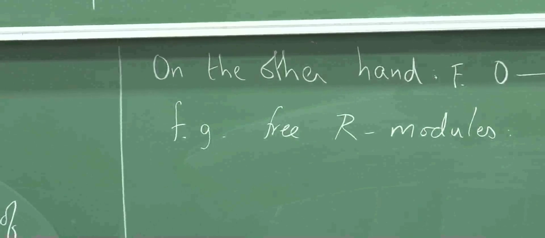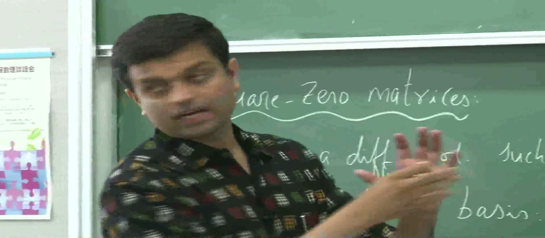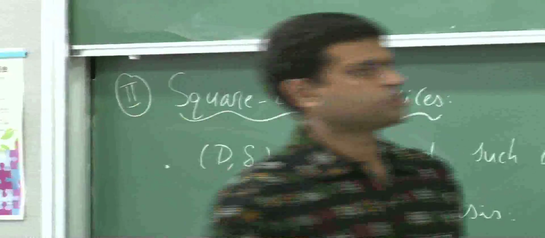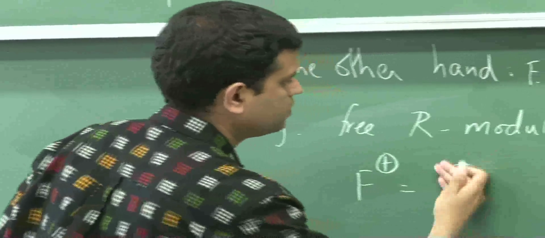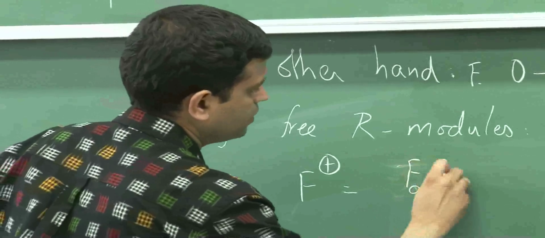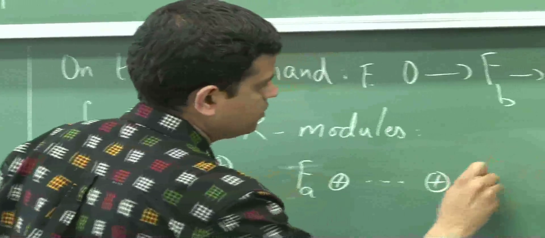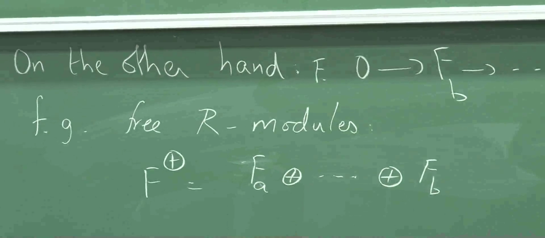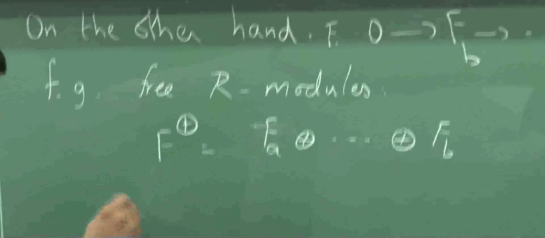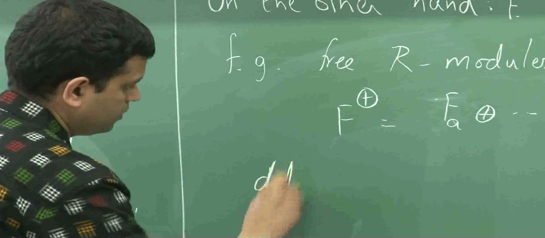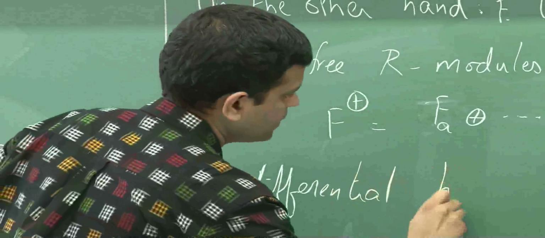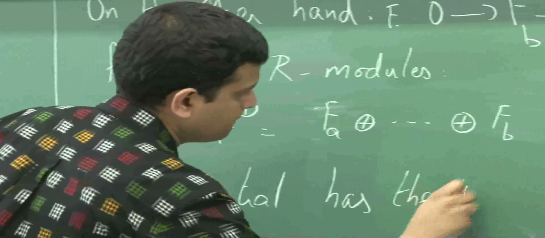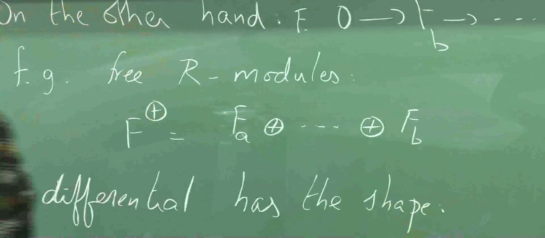Let's describe the differential of the totalization. The totalization is the direct sum of these free modules Fa through Fb, and I want to represent the differential by a matrix.